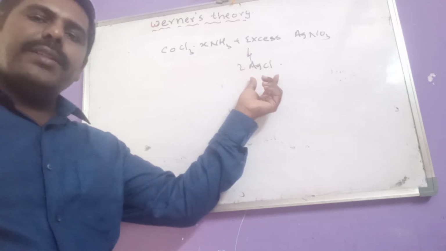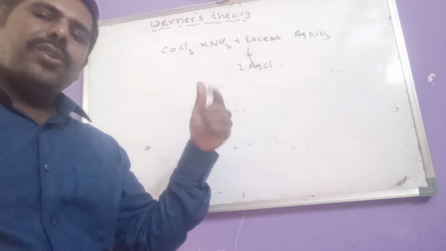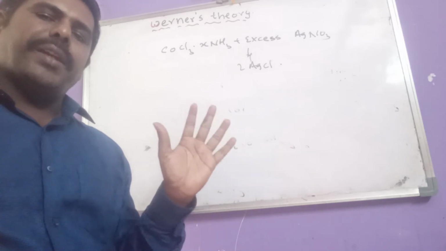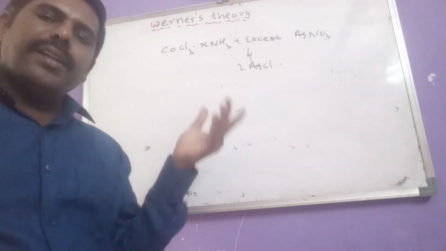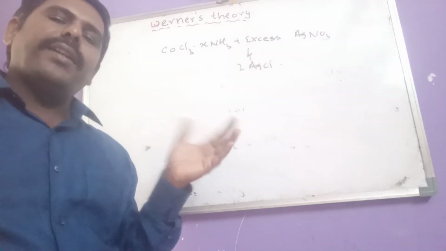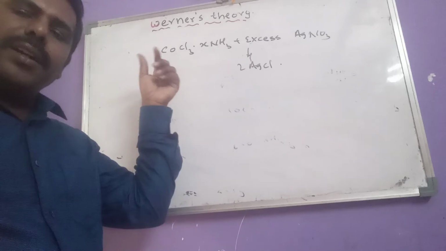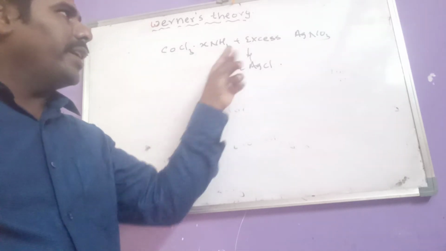As 2 AgCl precipitates are formed, this indicates that 2 chloride ions are present in the ionization sphere. That means one of the 3 chloride ions enters into which one? Coordination sphere.